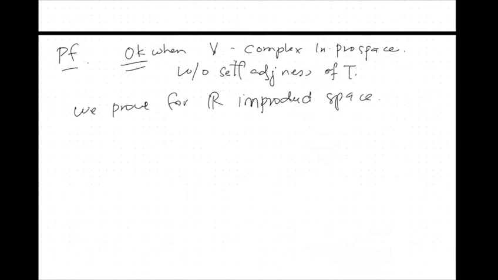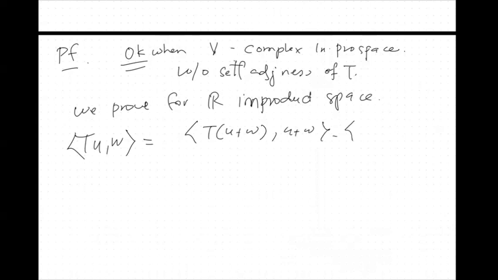So for the real inner product space, we can express TU, W as before, as follows. We get (TU plus W, U plus W) minus (TU minus W, U minus W), all over 4.